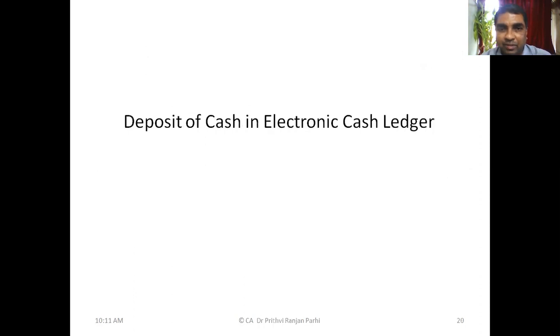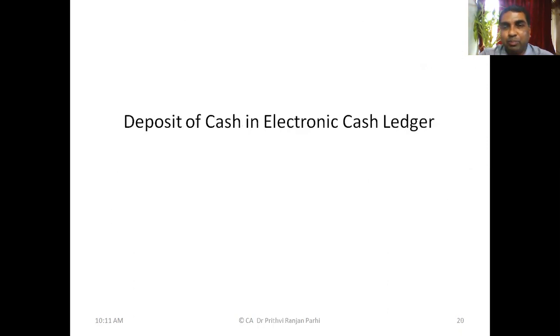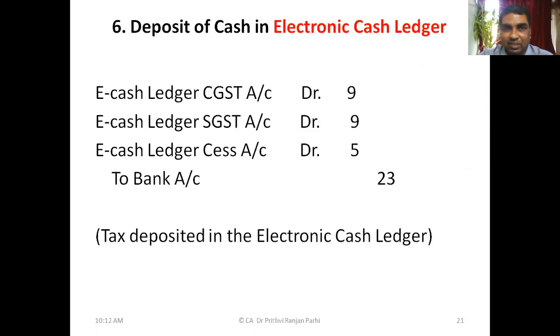Is it okay? Yes, sir. Now the next phase is that money needs to be deposited in the electronic cash ledger. What kind of entries have to be made? Why does money need to be deposited? Because you might have some GST liability, and you need to settle it.